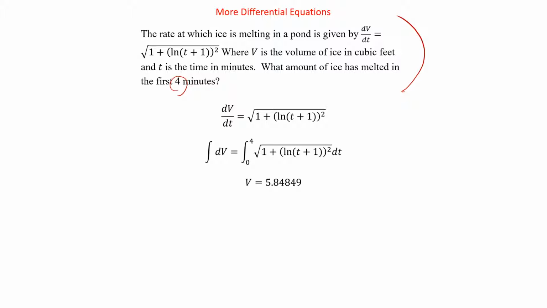So it needs to include a unit, and by reading the answer, I should know what the question was asking. So it's not just 5.84849, it's 5.84849 cubic feet of ice have melted in the first 4 minutes. So that is what an answer to something like this looks like.